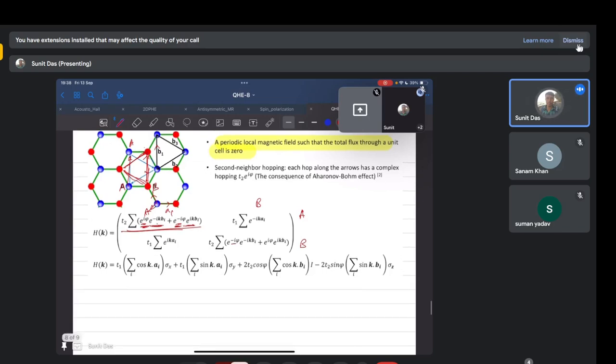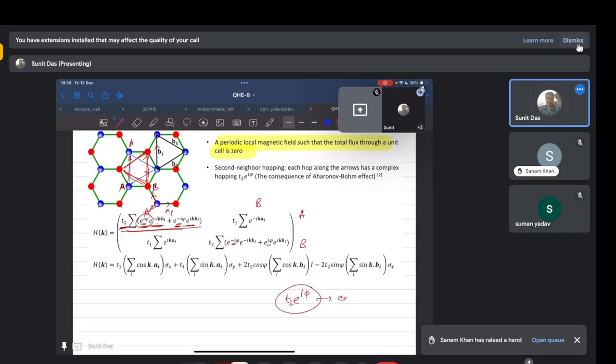Again here this is minus i phi and this is plus i phi, so again together it makes 0. So we will have a local magnetic field so that within a unit cell the total flux is 0, but you are associating an extra phase along with the hopping terms. And this we sometimes call T2 e to the power i phi, which is a complex hopping integral.